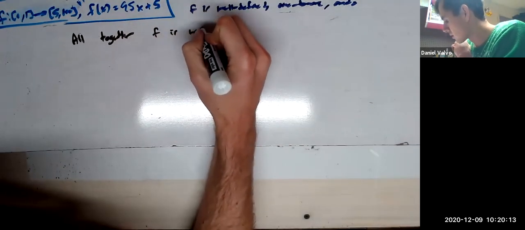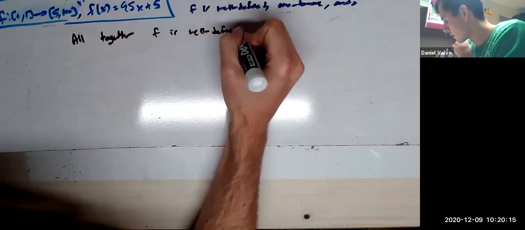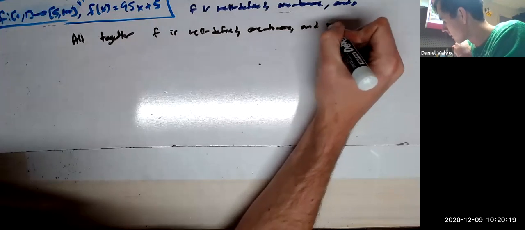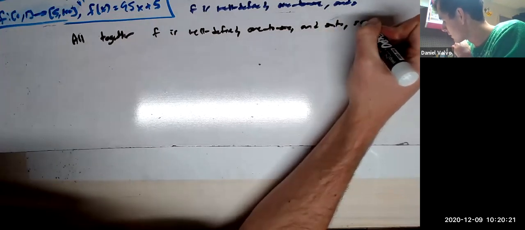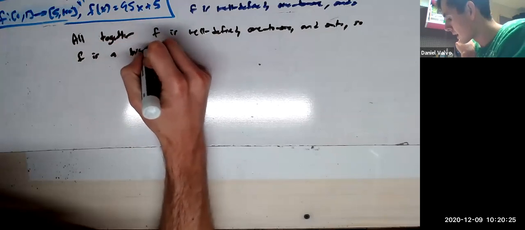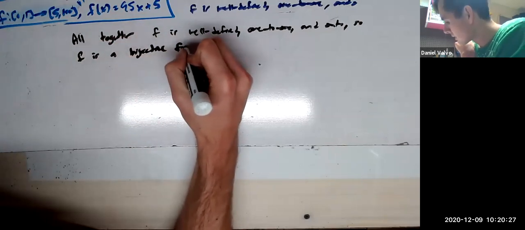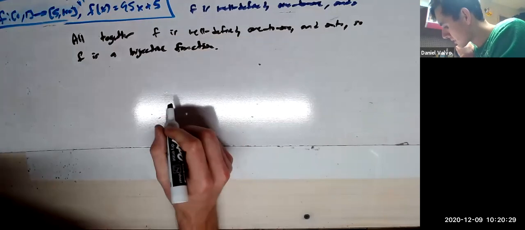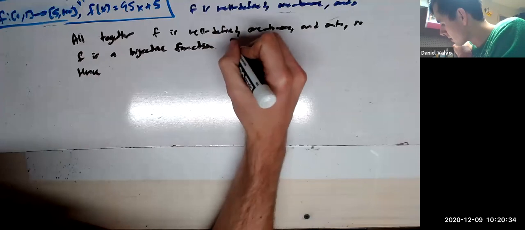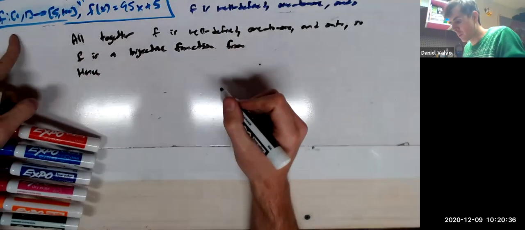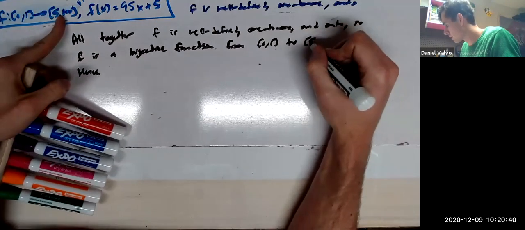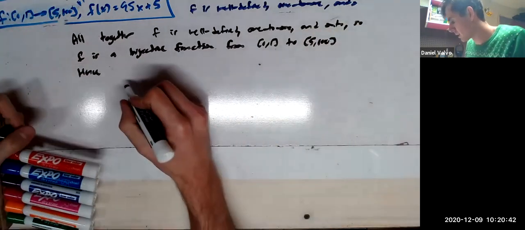f is well-defined, one-to-one, and onto. So f is a bijective function from domain [0, 1] to codomain [5, 100].